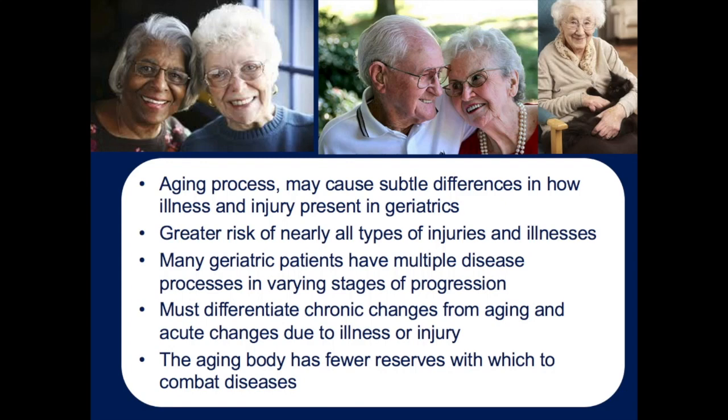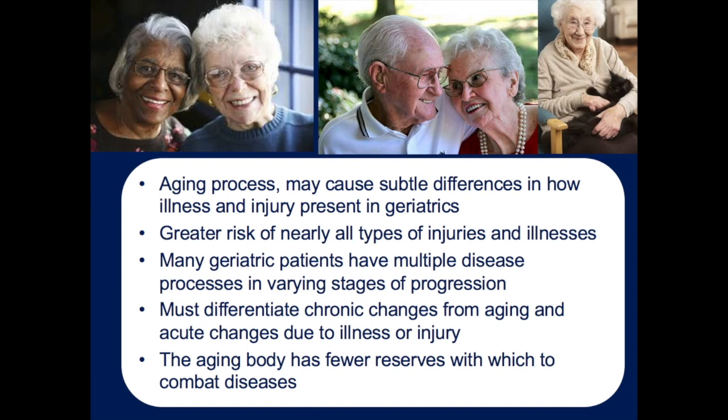It's also important to remember that when you're dealing with an older patient population, these patients often have many medical conditions, and that can make patient care quite challenging. When you start asking someone, do you have any medical history? And they hand you a sheet of paper with 15 medical problems and 30 medications, it can be incredibly overwhelming.